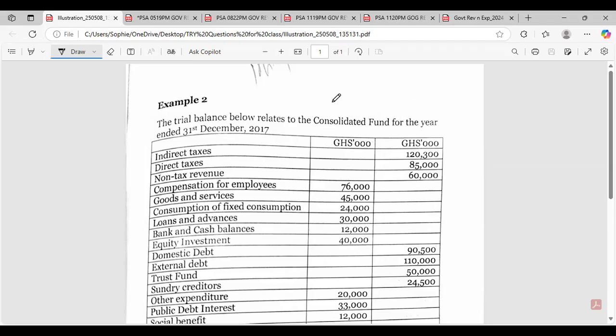So what they do is they end up bringing an item that is an asset into the statement of financial performance.